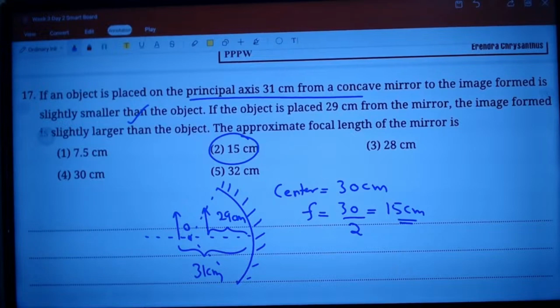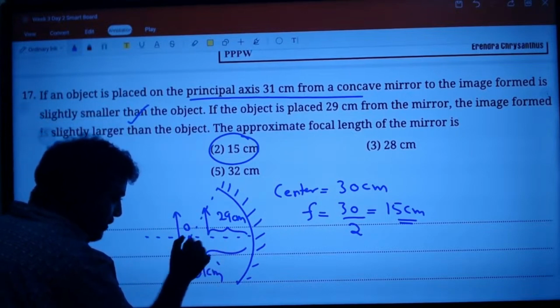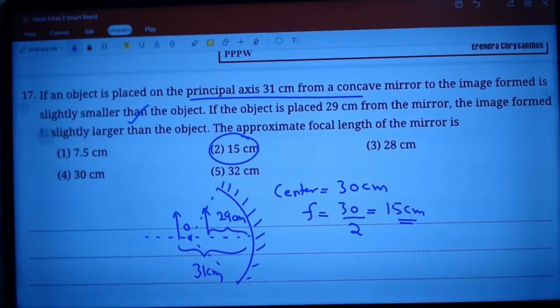Therefore, we can estimate that the center is at 30 centimeters from the mirror, and the focal length is half of that.